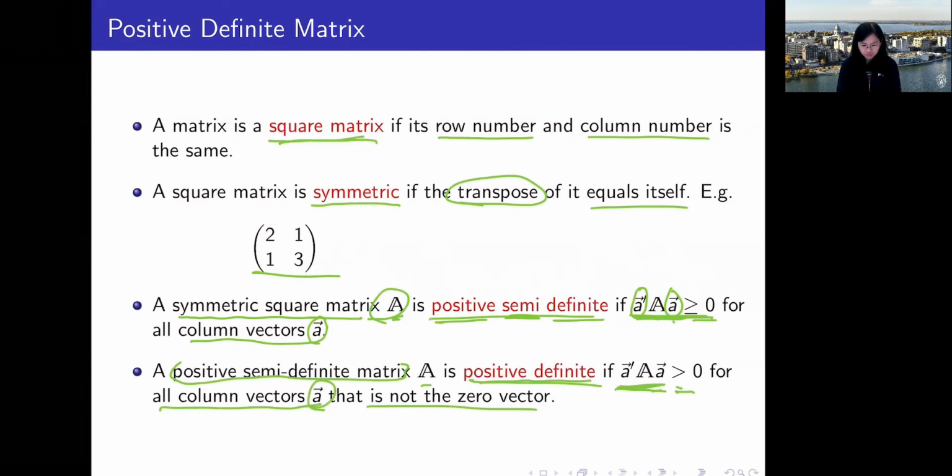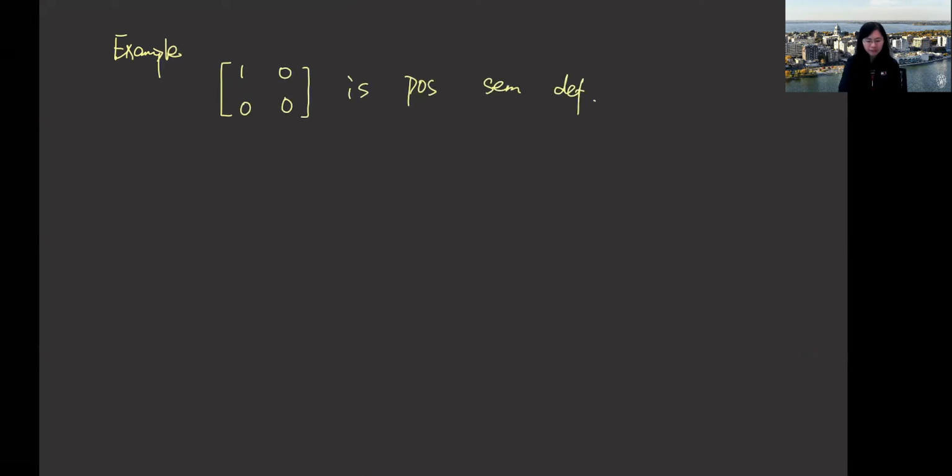So I can give you an example of a positive semi-definite matrix. So for example, this matrix is positive semi-definite. How can I tell that it is positive semi-definite?